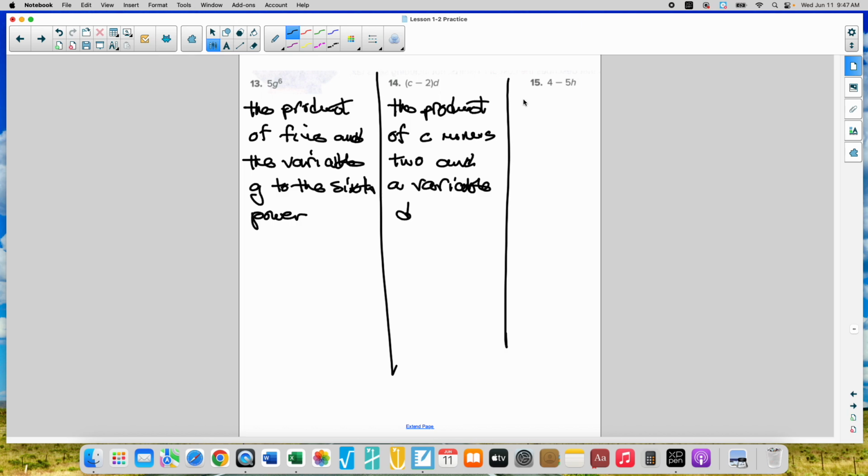Let's take the product of 5 and H subtracted from 4.